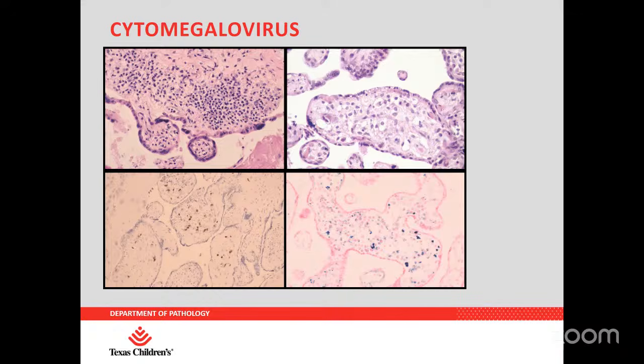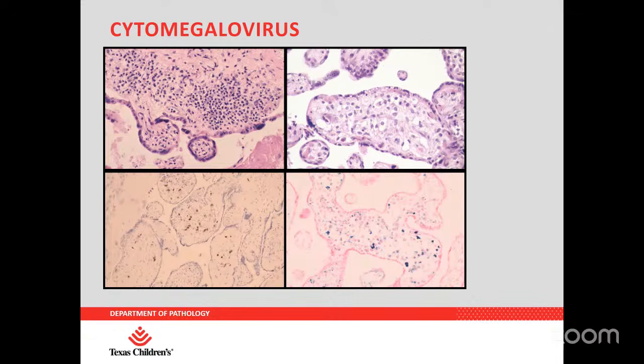Clinically, it's a major cause of congenital infection, non-genetic hearing loss, and neurodevelopmental delay. Most affected infants will appear normal at birth, but around 10% are symptomatic, showing features such as growth restriction, hepatosplenomegaly, or jaundice. But even asymptomatic cases can later develop hearing loss or developmental difficulties.